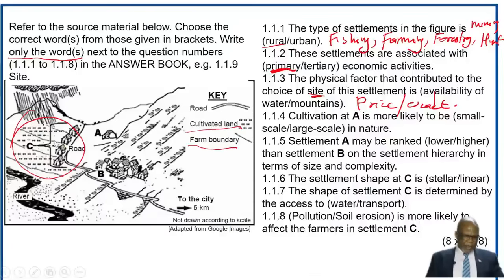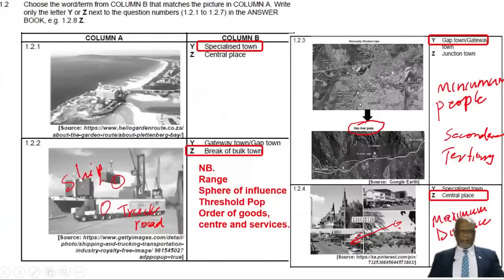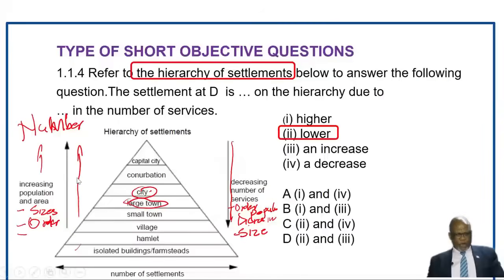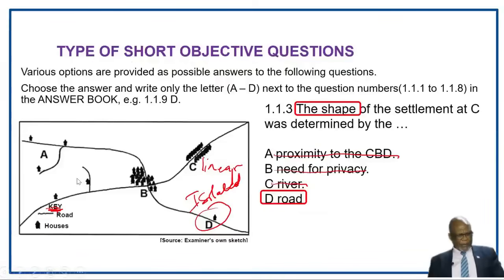Now look at A and look at B and look at C. So when you look at this diagram and you look at the diagram on the previous pages, you can see that the questions and the diagrams are the same. It's just that there are different diagrams used here, but they are the same in terms of what they are indicating.